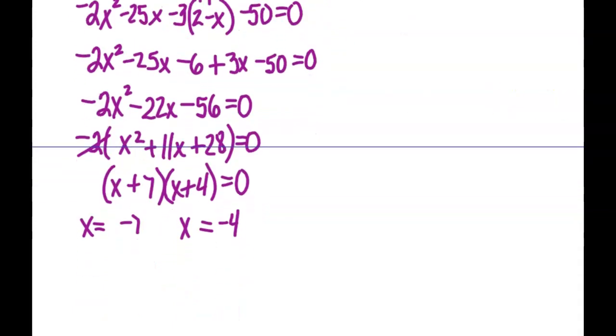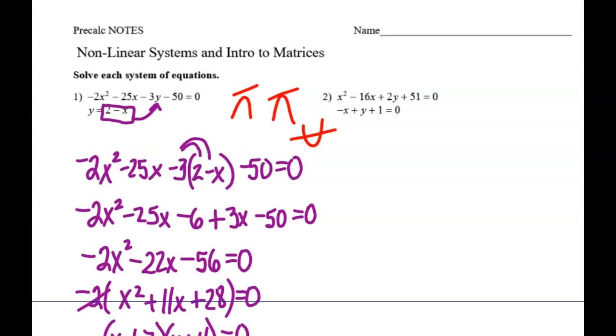What did we just find? Well, we found 2 different x values. So negative 7 is one x value, and negative 4 is another x value where these intersect. To find the corresponding y values, we can go back up to this equation. Remember this little guy, y equals 2 minus x?